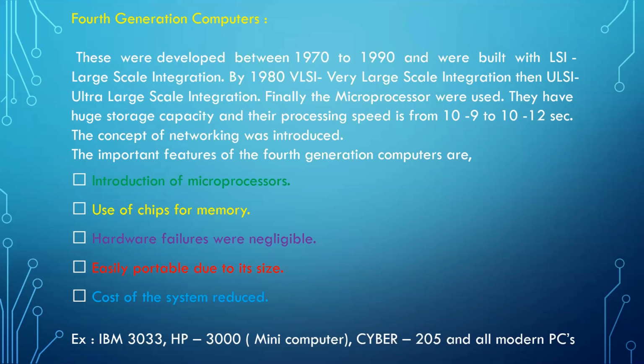Finally we stuck with a microprocessor. Using the microprocessor, we developed the computers that we call fourth generation computers. That's why it is one of the important features of the fourth generation: introduction of microprocessors.